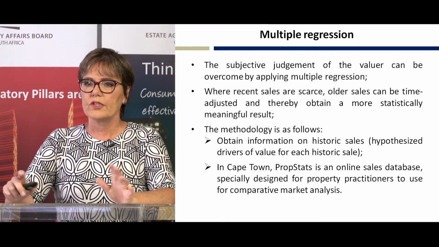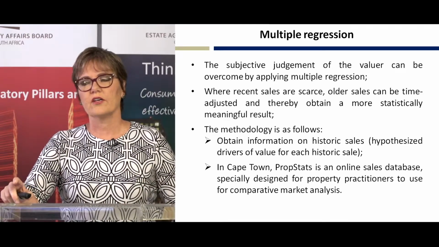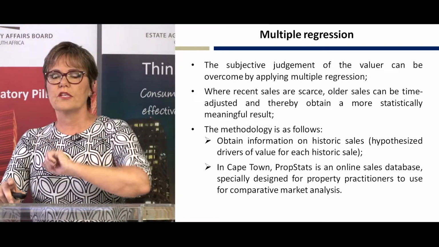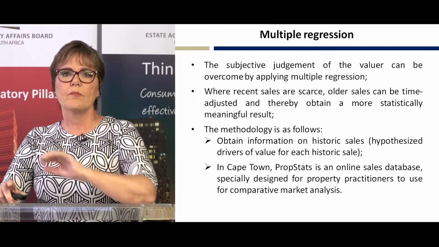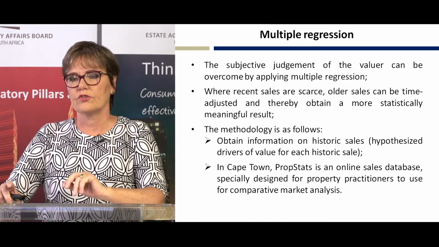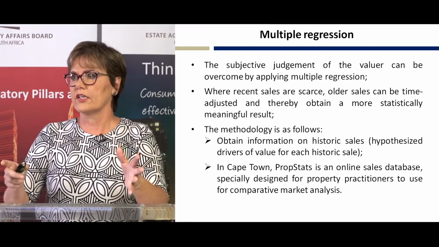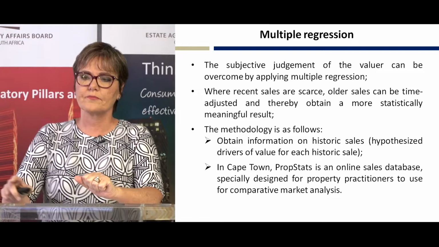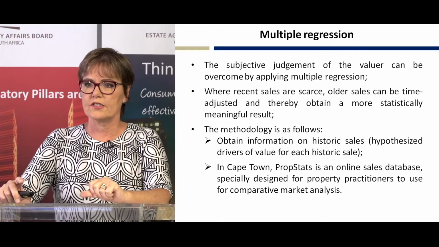So first of all, we will obtain sales even if they are, say, 5 years old, and we will get sales out of what we deem to be a comparable neighborhood to that of the subject property, or perhaps sales in my subject suburb, but we can go back a number of years.